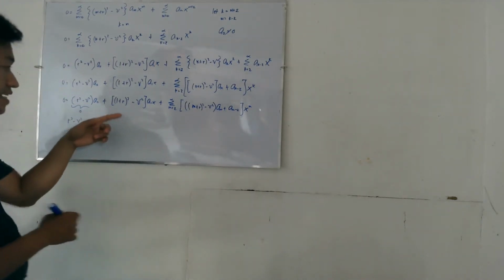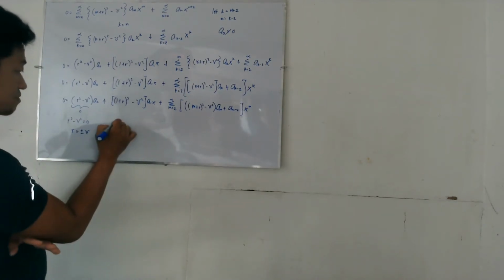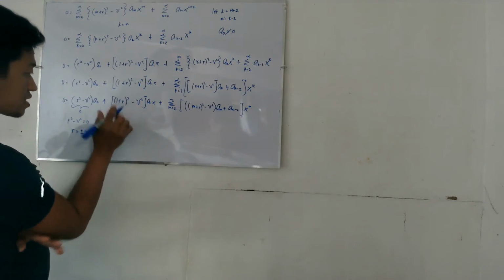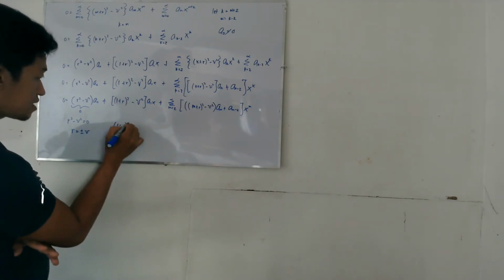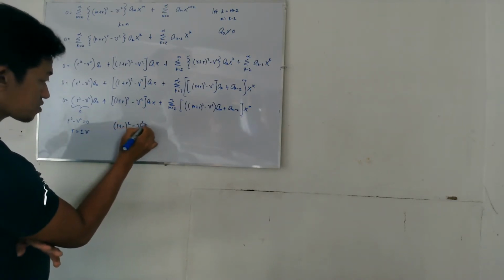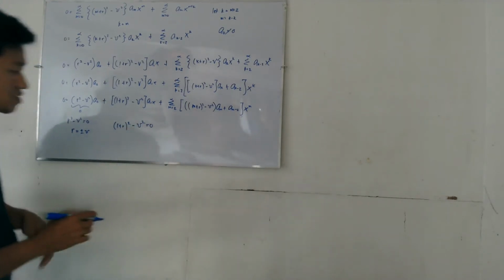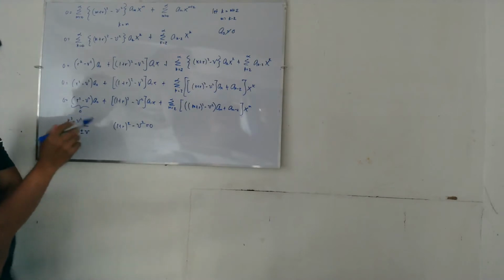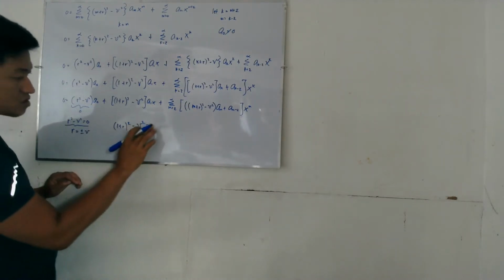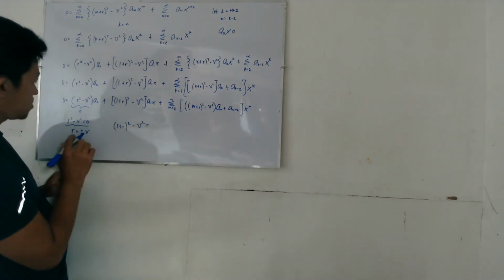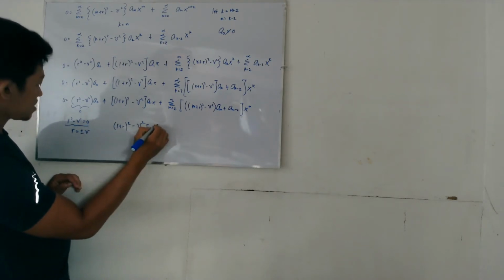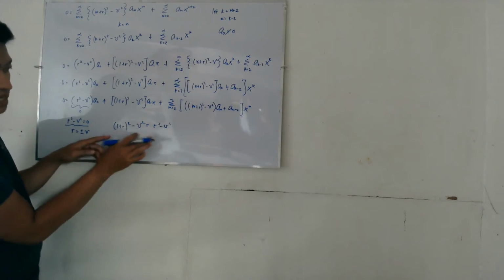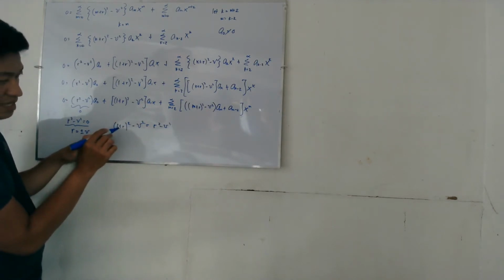And then for this term, we look at it. If we equate it to 0, 1 plus r squared minus mu squared is equal to 0. So if you compare, is the term r squared minus mu squared the same as this? No, because this one has 1.